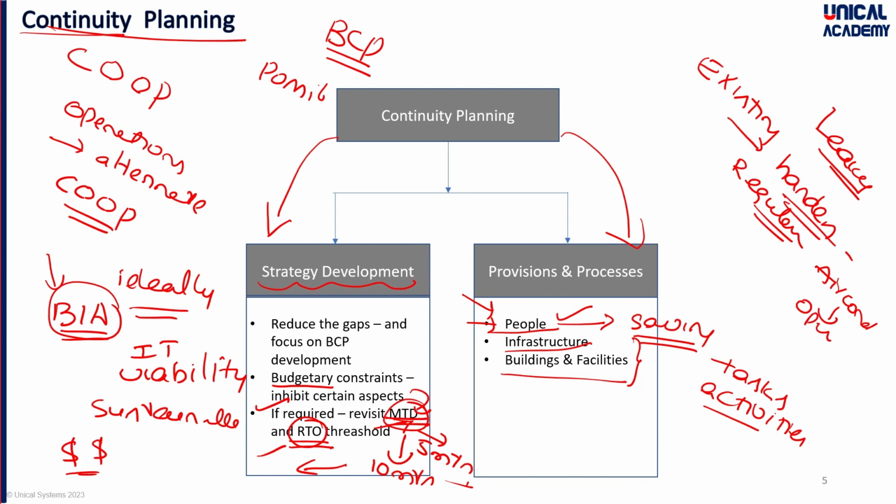This is hardening of what is existing. The second is taking care of the alternate building facility or IT infrastructure. So continuity planning majorly handles the strategy and takes care of the provisioning. This is the third segment of our BCP.